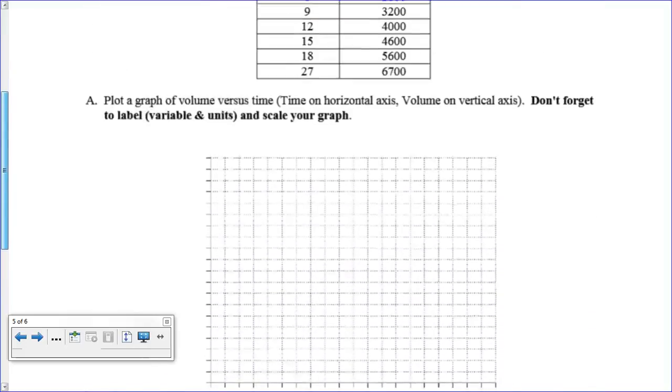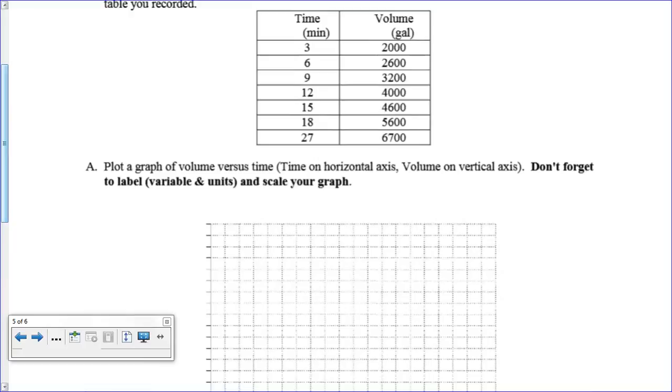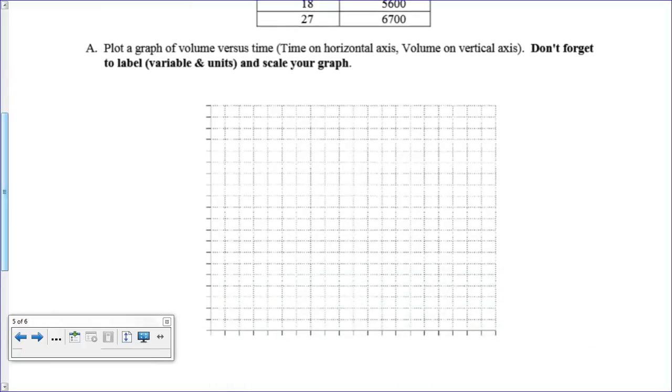First, we've got to think about the way that we're going to scale this graph. Volume here goes up to 6,700, which is just about near 7,000, a nice round number. So we'll scale this side to 7,000. We take 7,000 and divide it by our 20 boxes. 7,000 divided by 20 gives you 350.